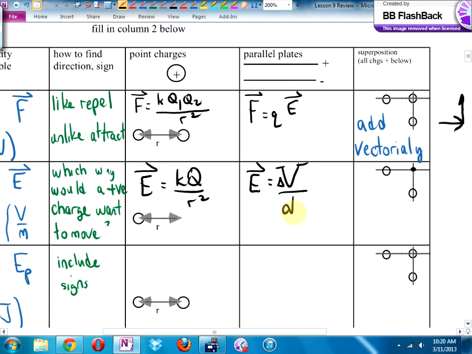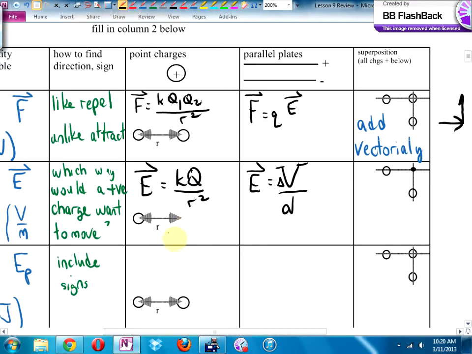The voltage you travel through divided by the distance between the plates, or the distance that you've traveled. Is that okay? Oh, there is actually a third definition for electric field. This first one is if you know the planet that's causing the electric field.